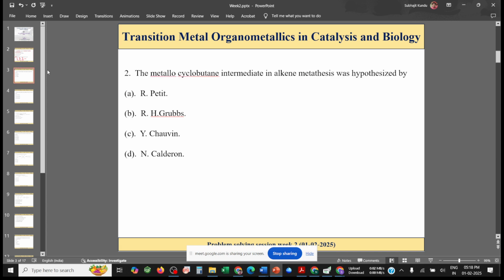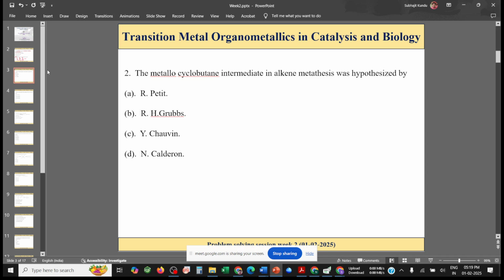Then the next question is: the metallocyclobutane intermediate in alkene metathesis was hypothesized by. The metathesis reaction is a very common and well known reaction.